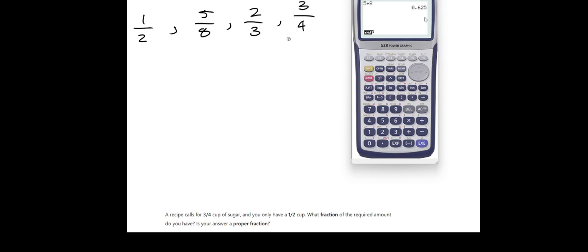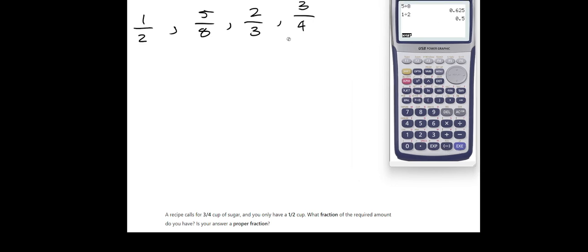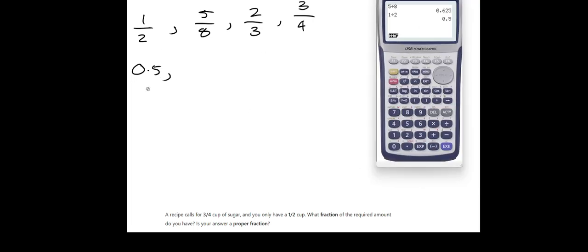Let's grab our calculator and convert all of these into decimals. Remember how we do it? It's just numerator divided by the denominator. 1 divided by 2 is 0.5. Okay. 5 divided by 8 is 0.625.